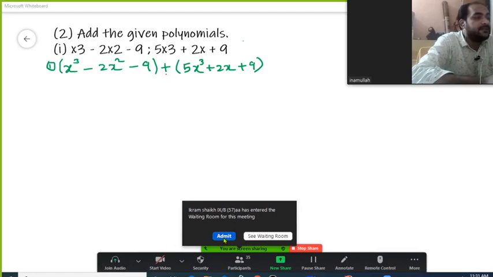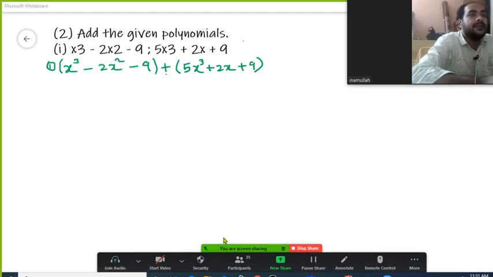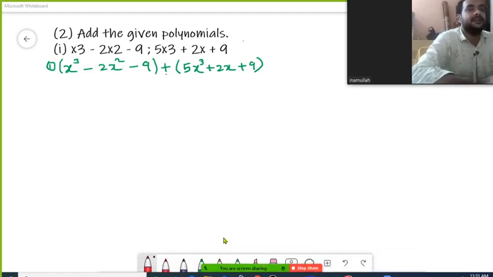If it is plus, it will not make any change to the original signs of the second polynomial, but if it is minus, then it is going to change all of them.